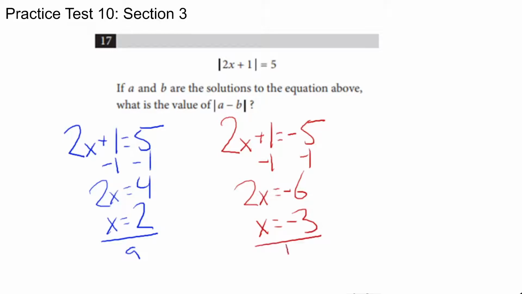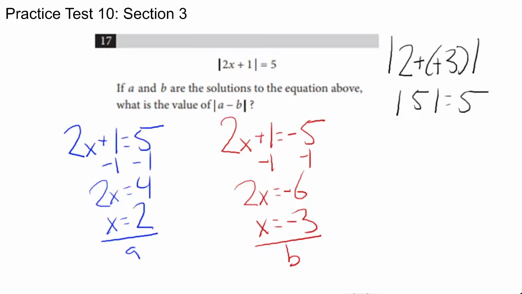And I'll label this my B value. And it actually doesn't matter which number I assign the A or B value, because I'll get the same answer either way. So if I set it up, the absolute value of A minus B, so 2 minus a negative 3, my negatives will cancel out, and I'll get the absolute value of 5, which is equal to 5.